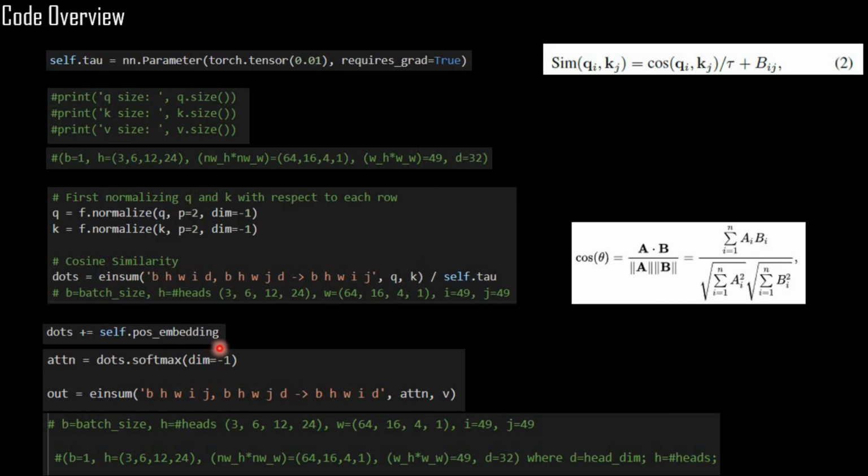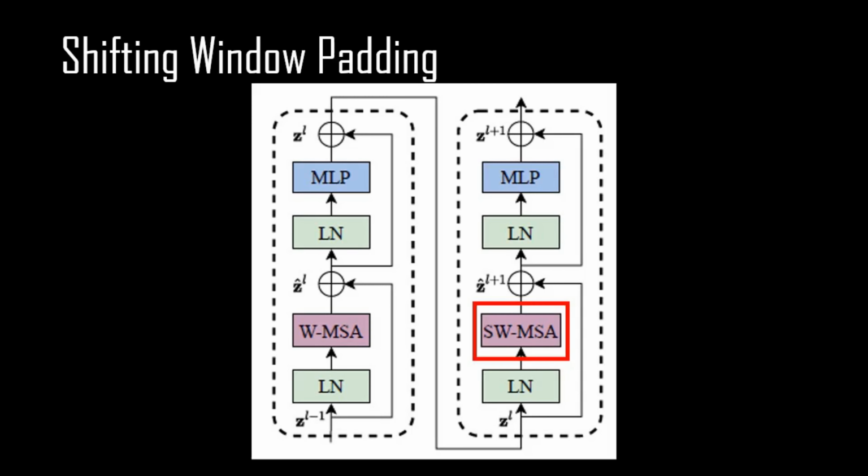We just add positional embedding, put it inside the softmax, and then multiply the attention to value. So cosine similarity was not originally implemented in the GitHub repo that we have, but I tried to modify the code to have the cosine similarity. So please let me know if you are seeing any issue or you have a different understanding of what should be implemented. Okay?